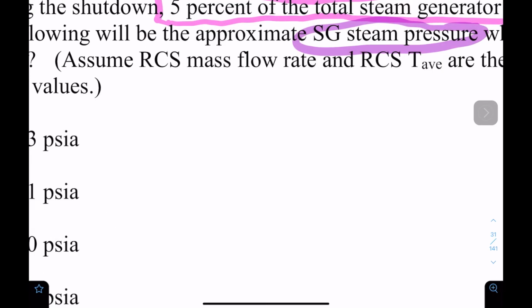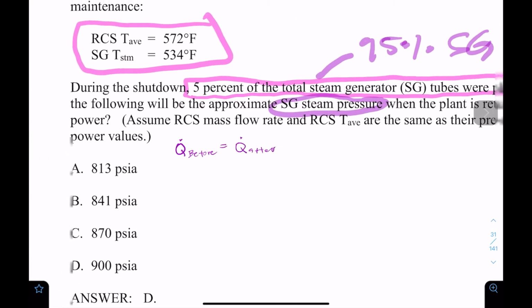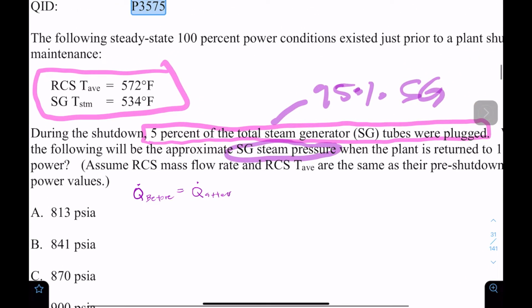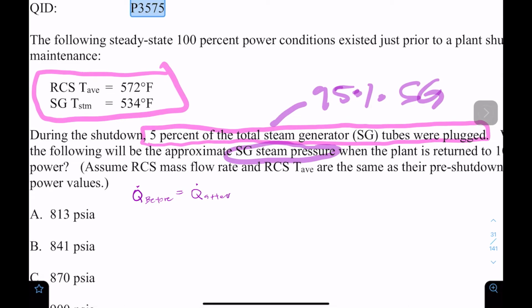So the heat transfer rate before is going to be basically equal to the after. But in this case, we had a slight change because of the shutdown. This is the information before shutdown, and this is after shutdown. We have only 95% of the steam generators functional.